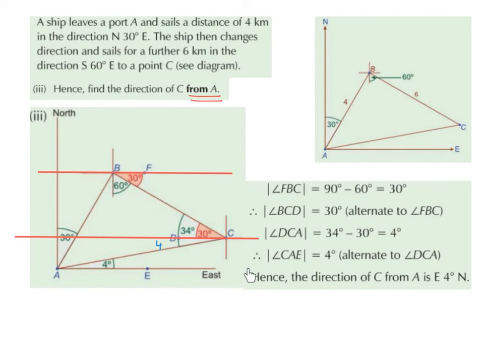So this is the east line. So these two lines are also parallel. And if this angle is 4 degrees, then this angle must also be 4 degrees. Because again, alternate angles are equal. So angle CAE, this angle in here, which we're looking for, is 4 degrees because it's alternate to angle DCA. Hence, the direction of C from A is east 4 degrees north.